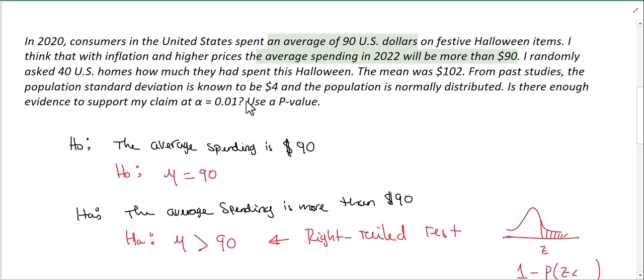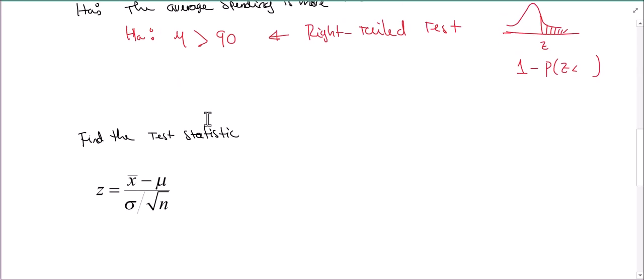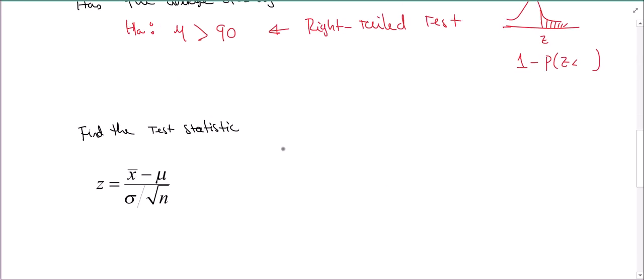Our claim is that the population mean is 90. Now in the sample of 40 people, so 40 US homes, that's the size of my sample, the mean was 102 with a standard deviation of 4. So when we find our test statistic, I need to know my sample data.